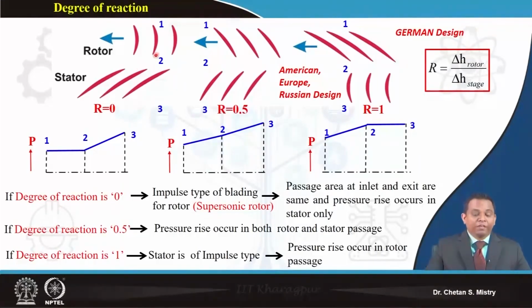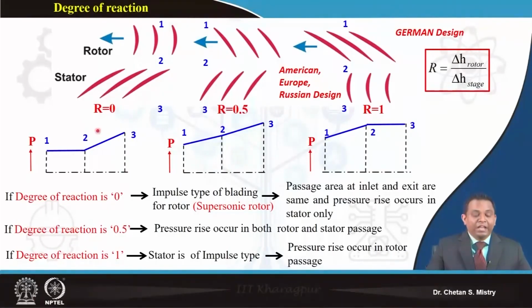Now from station 2, my flow will be entering inside my stator, and here this is my entry area and this is my exit area. So my stator has a diffusing passage.